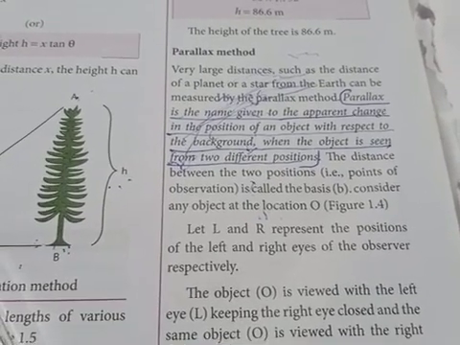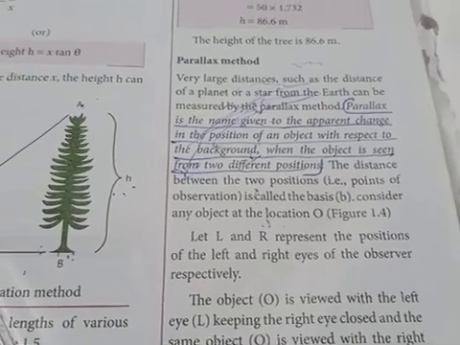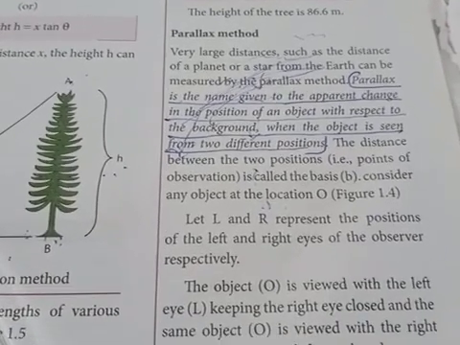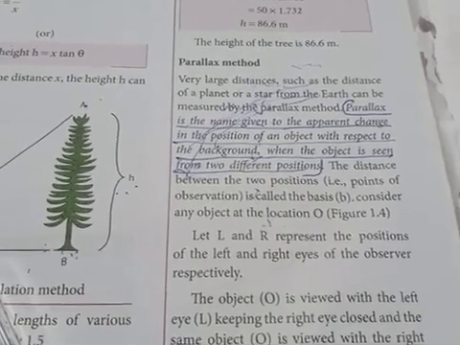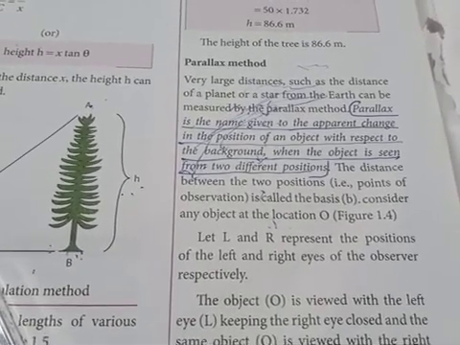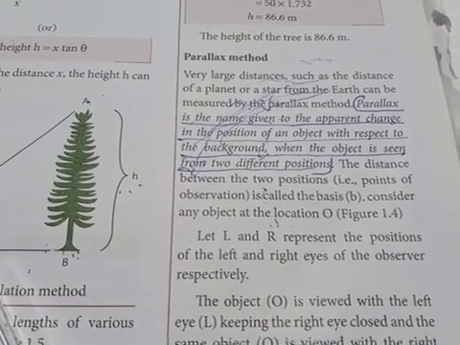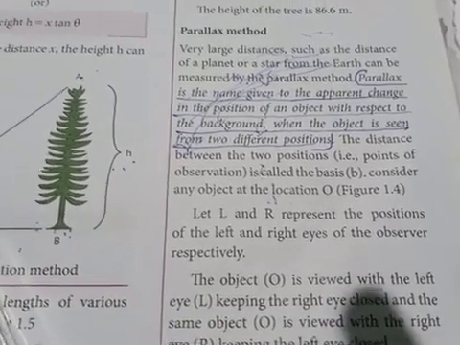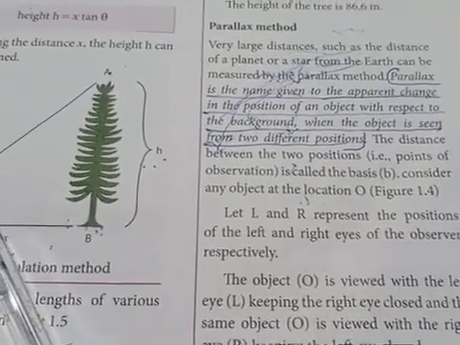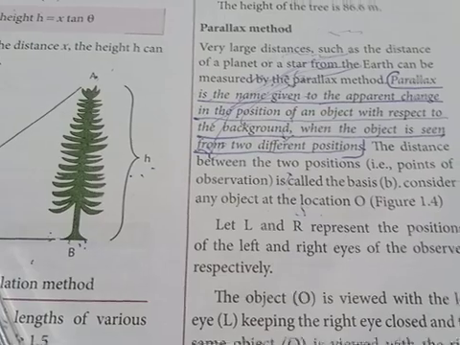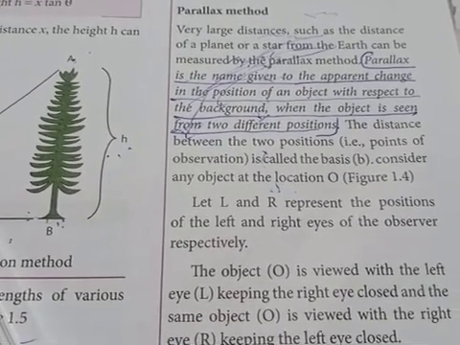Now what you can see is, when you close one eye, the finger is in one place, and the finger is in another place when you close the other eye. So this is what we call parallax. Parallax is a name given to the apparent change in the position of the object.